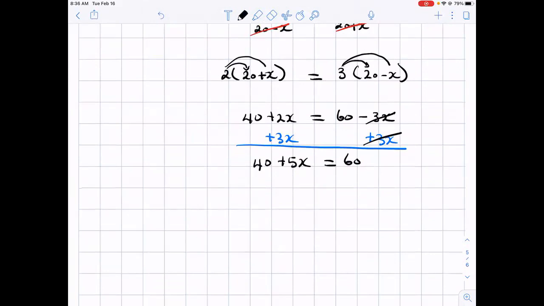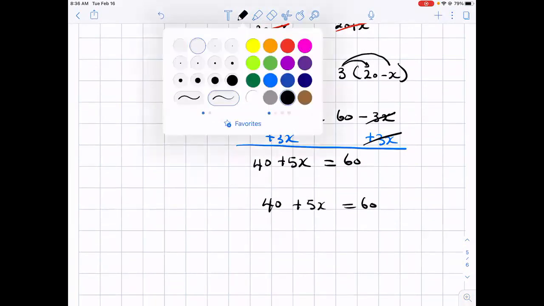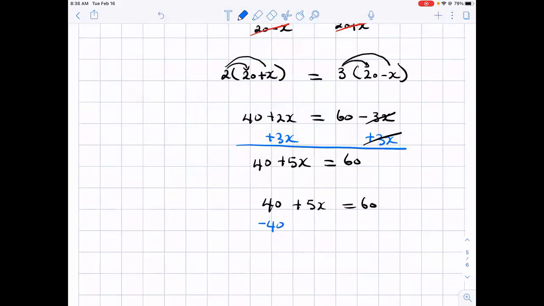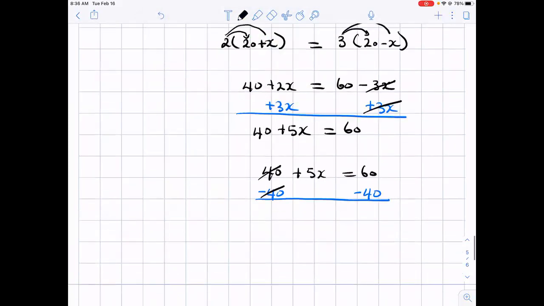Now I'm going to subtract 40 from both sides, because I'm trying to isolate x. The plus 40 and the minus 40 make 0, we usually say cancel. So we have 5x is equal to 20.